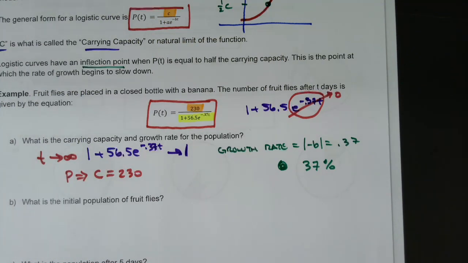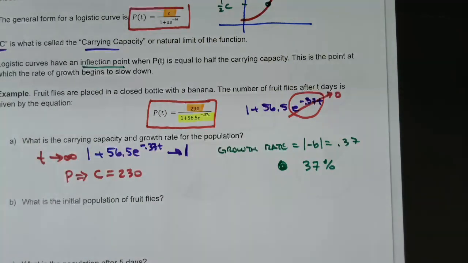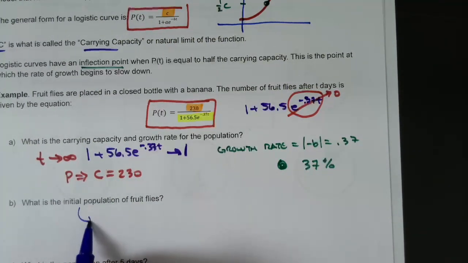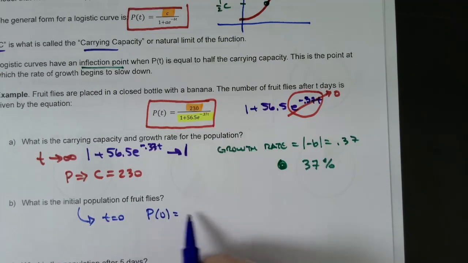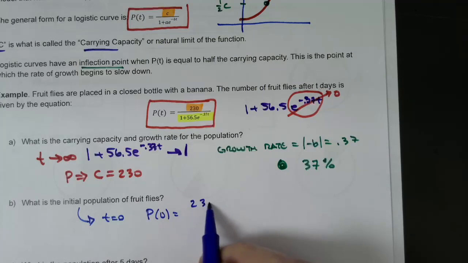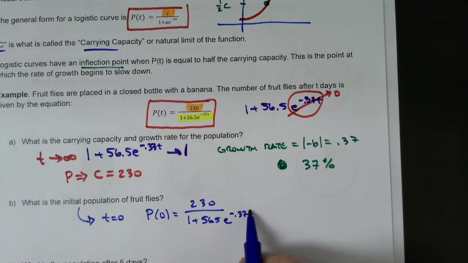Okay? It's growing 37% each time, or during each unit of time. Okay? What's the initial population of the fruit flies? Well, remember, when we have initial population, that's when t equals 0. Okay. So let's take a look at this equation. When t is 0, this will be 230 over 1 plus 56.5 e to the negative 0.37 times 0.